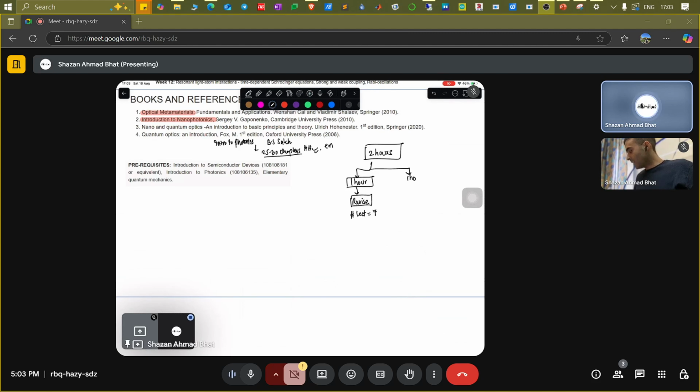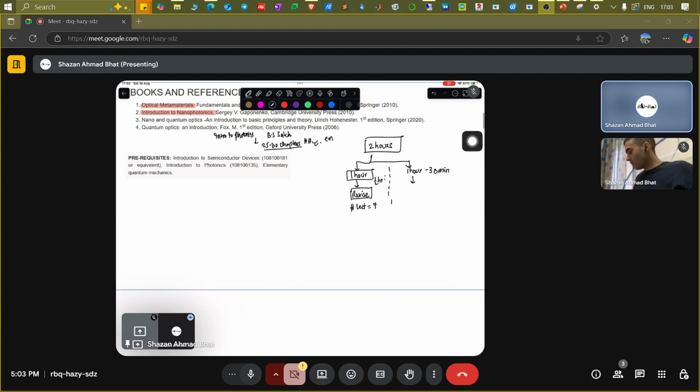The next hour, or maybe this can be 30 minutes and that can extend by half an hour more, depending upon how much we are able to cover, because the question and answer sessions only take half an hour or 40 minutes to solve. So we will be trying to solve the questions, and then we'll see how much time it takes. This is the rough strategy I have been trying to follow in most of the sessions that I take.